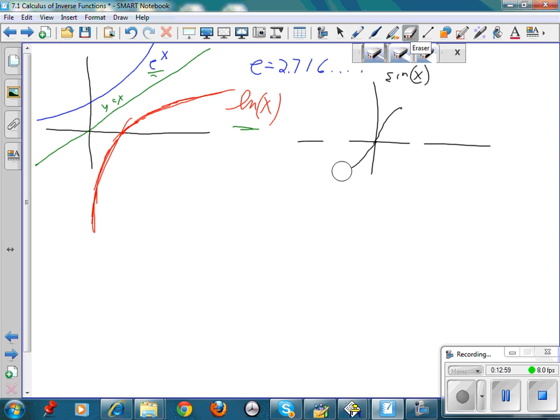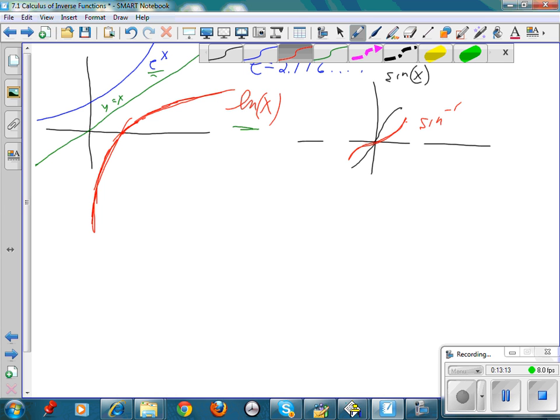This is the sine function, and then the inverse sine. The inverse sine, suppose it looks something like that. Inverse sine of x, or sometimes you'd see it written as the arc sine. And there are domain and range requirements.